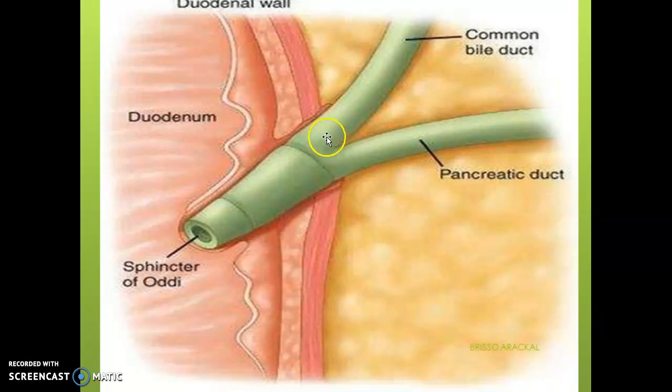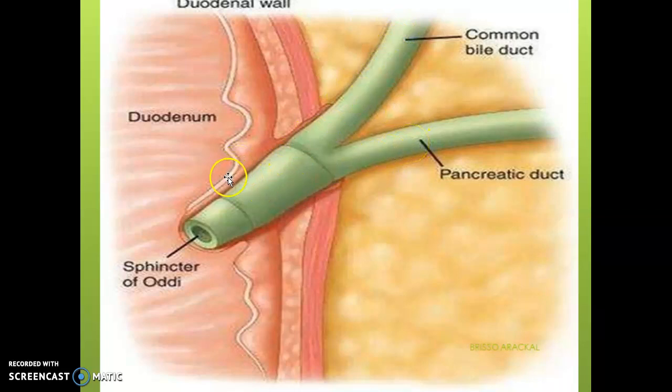In this picture we can see the muscular layer of the duodenum and the mucosa of the duodenum, which is pierced by the common duct, called the hepatopancreatic duct, formed by the common bile duct and pancreatic duct.